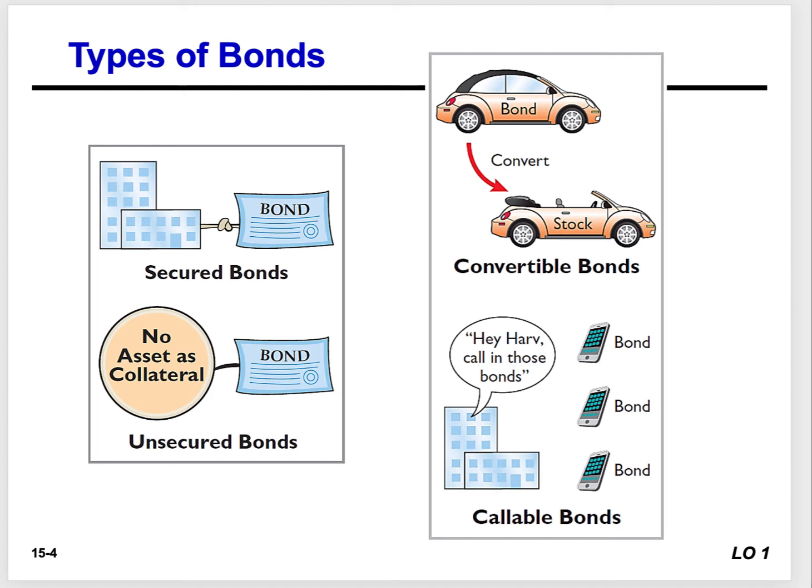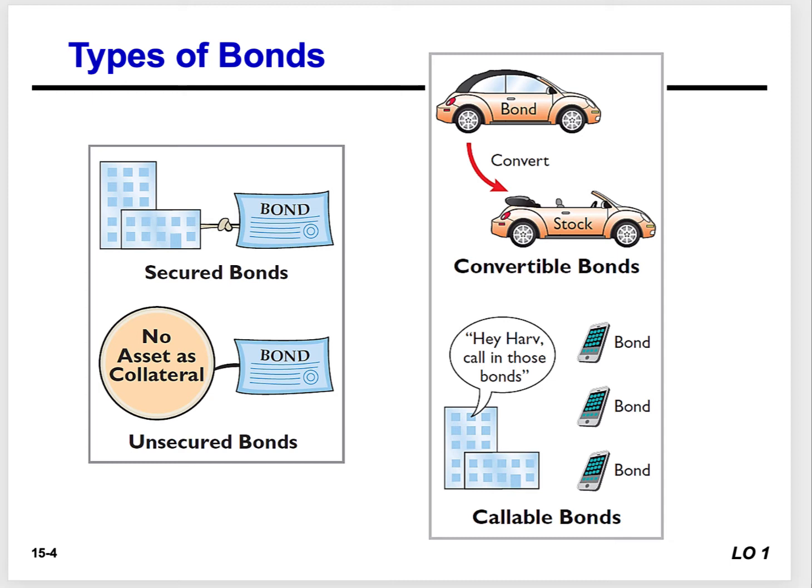A convertible bond allows bondholders to convert the bond into common stock at their option. So basically, it is a characteristic of a specific bond that says the owner of this bond, if they choose to, can turn this bond in and be issued common stock. Okay? That's all it is.